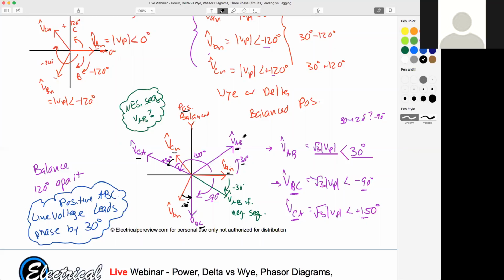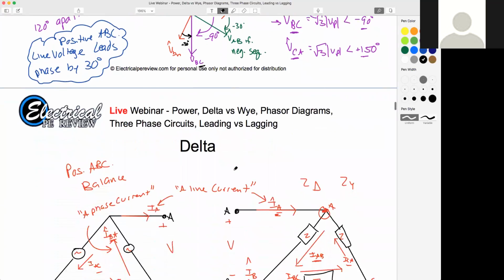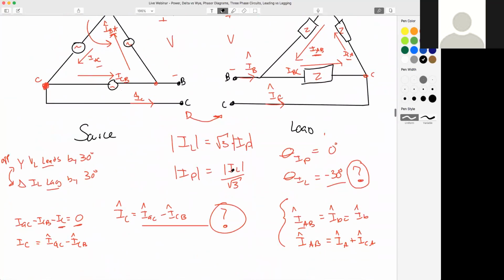So Eric, we started out with our line voltage, right? And then to get to our phase voltage, not only did we subtract 30 degrees because now we're going in this direction, but we also divided by the square root of 3, right? To get the magnitude? Good, okay. And then we just did the opposite when we went back from phase to line.